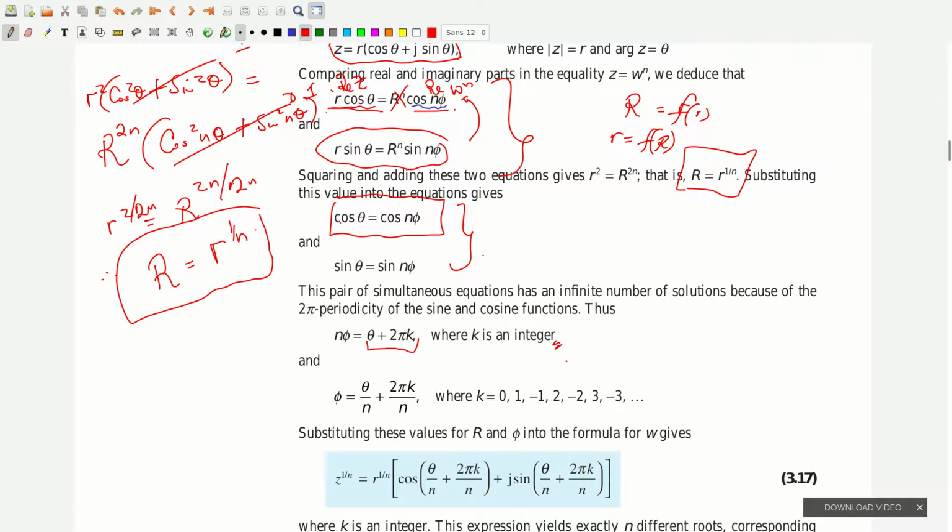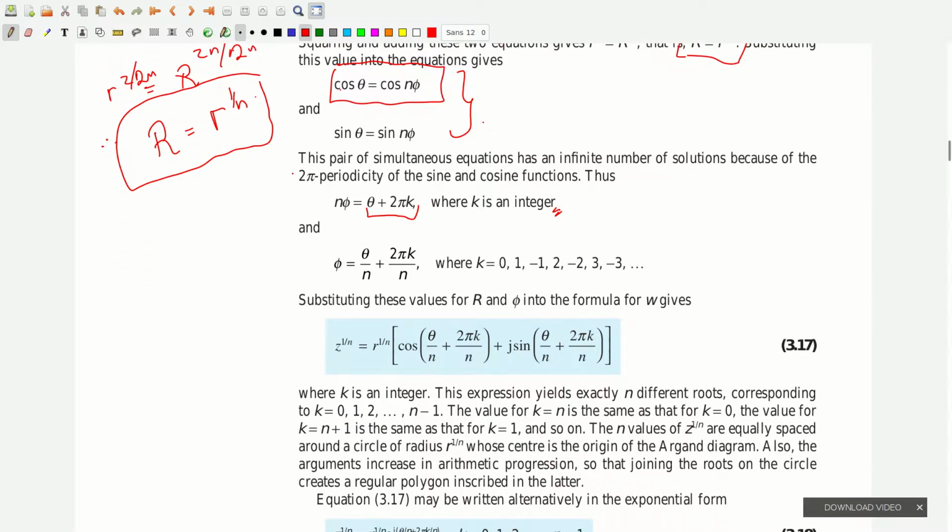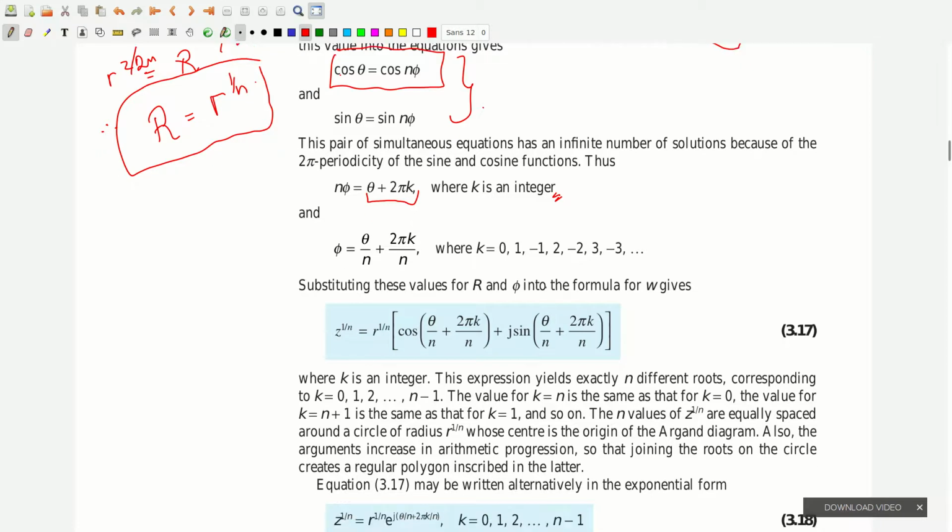So when we divide both sides by n, we shall see that our phi is just theta over n plus 2 pi k over n, where k is the integer. Of course, the integers are positive or negative whole numbers, so you have 0, 1, negative 1, 2, negative 2, and so on and so on.